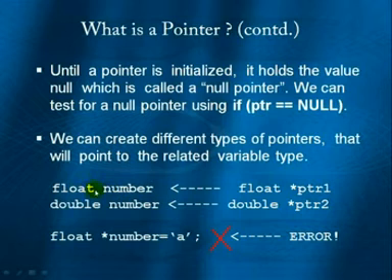Likewise, in the next line we have the pointer ptr2, which is a double pointer, which can only point to a double value. Next, we have an error, which is caused by the character A being assigned to a float pointer.